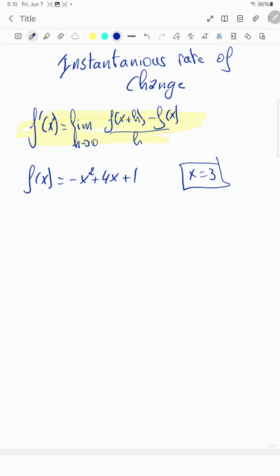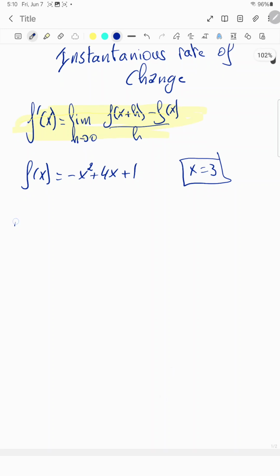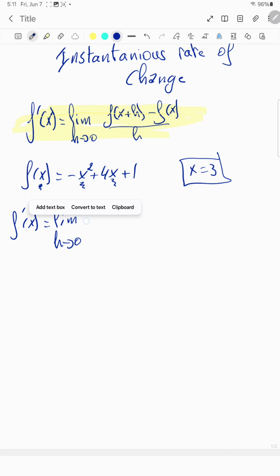The instantaneous rate of change is nothing but the derivative, which is f prime of x equal the limit when h goes to 0 of f of x plus h. I know f of x is equal to minus x squared plus 4x plus 1. But now I want x plus h, so I have to replace every x by x plus h. So it is equal to minus x plus h squared.